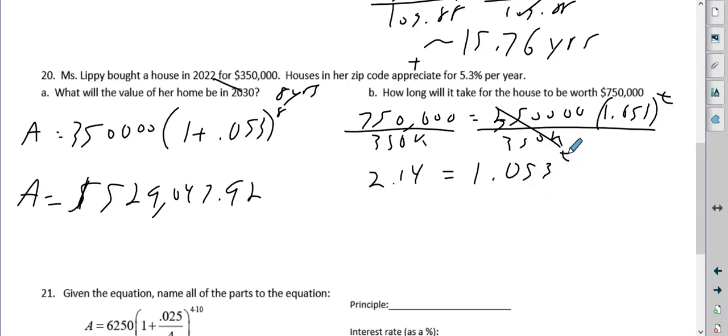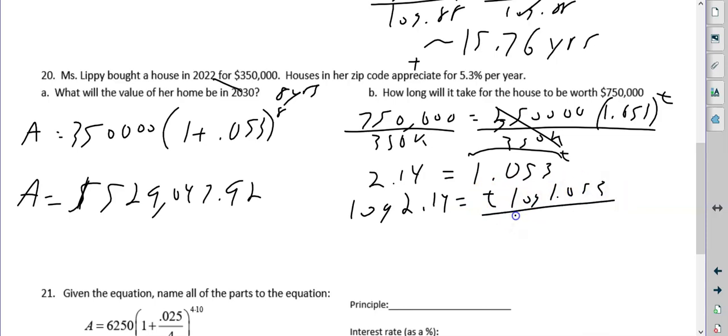We're going to log both sides. Again, this is going to come out in front. So log 2.14 equals t times log of 1.053. We're trying to get t by itself. So we're going to divide by log 1.053 on both sides.